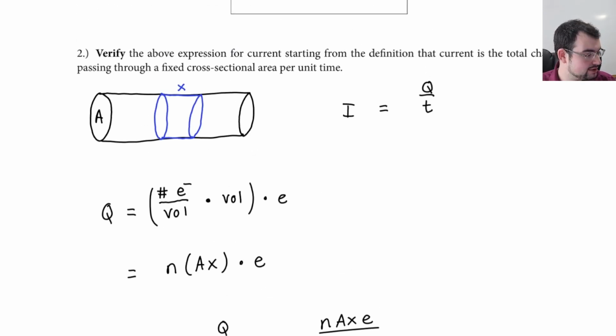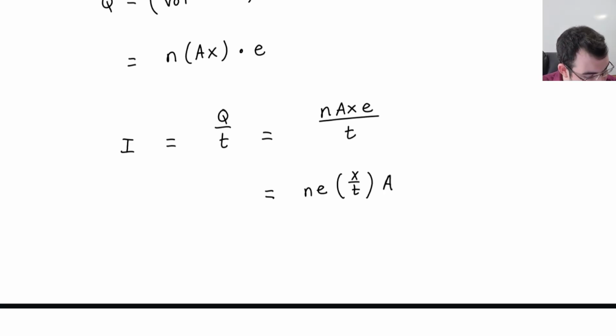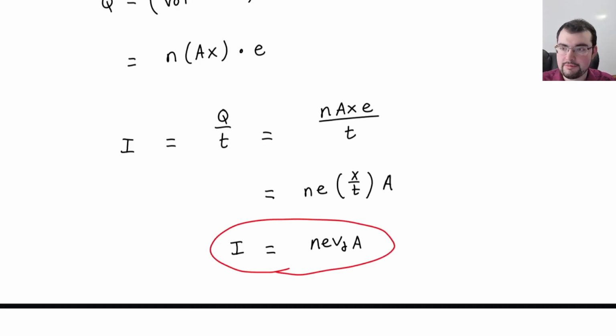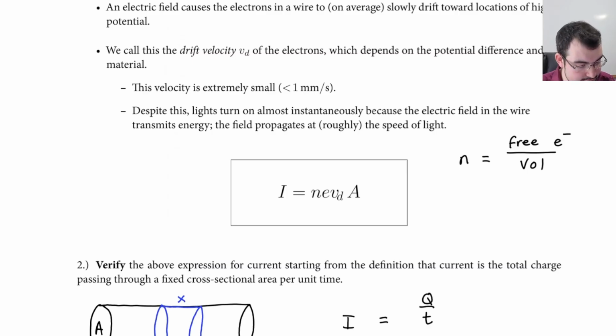What is that? x divided by t would be the rate at which charges move through a distance. That is, of course, a speed, distance over time. So there we go: I equals n e v A. Again, not totally in the scope of Physics C, but it's important to at least relate.